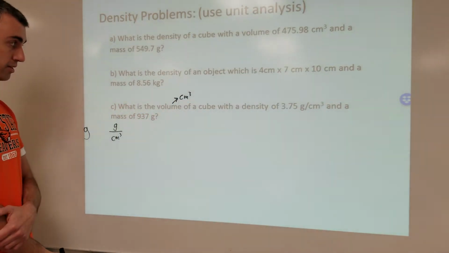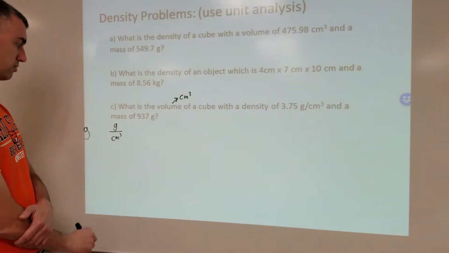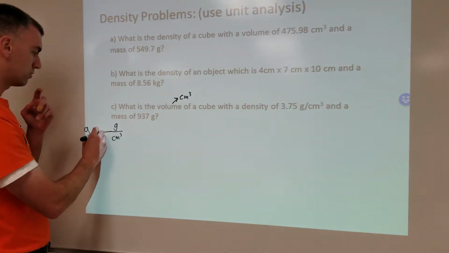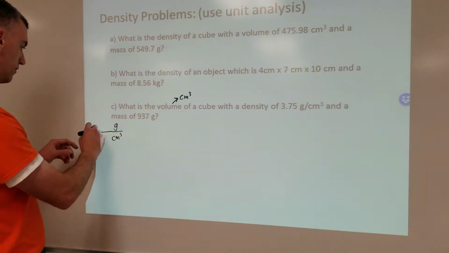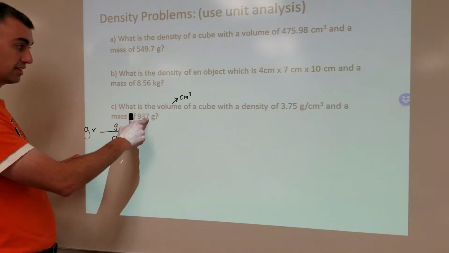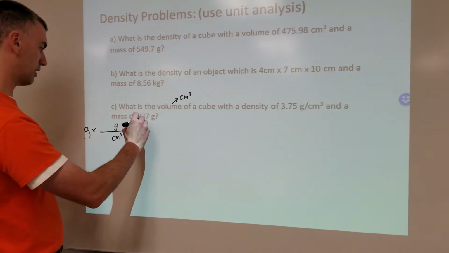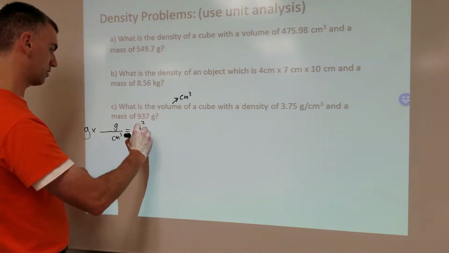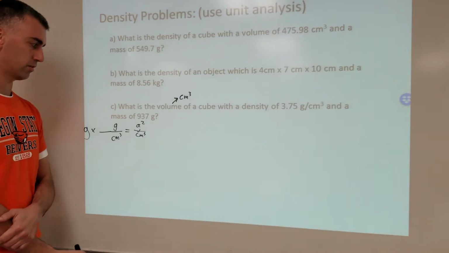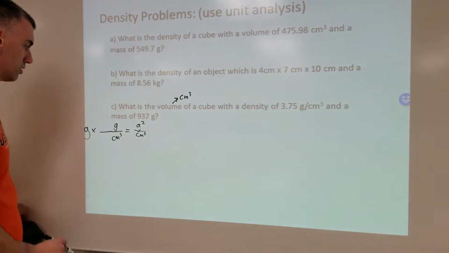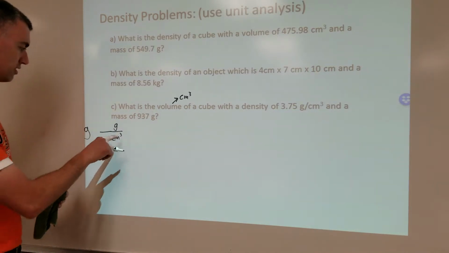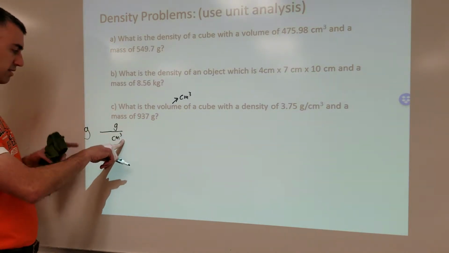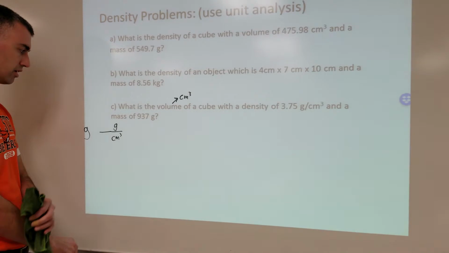The way you're going to do this is you're going to have to do some creative rearrangements. If you literally multiply these units, if you take this unit times that unit, you're going to get grams squared per cubic centimeter. And that's not what you're being asked for. Somehow, we need to get cubic centimeters on top and grams on bottom so that grams can cancel.